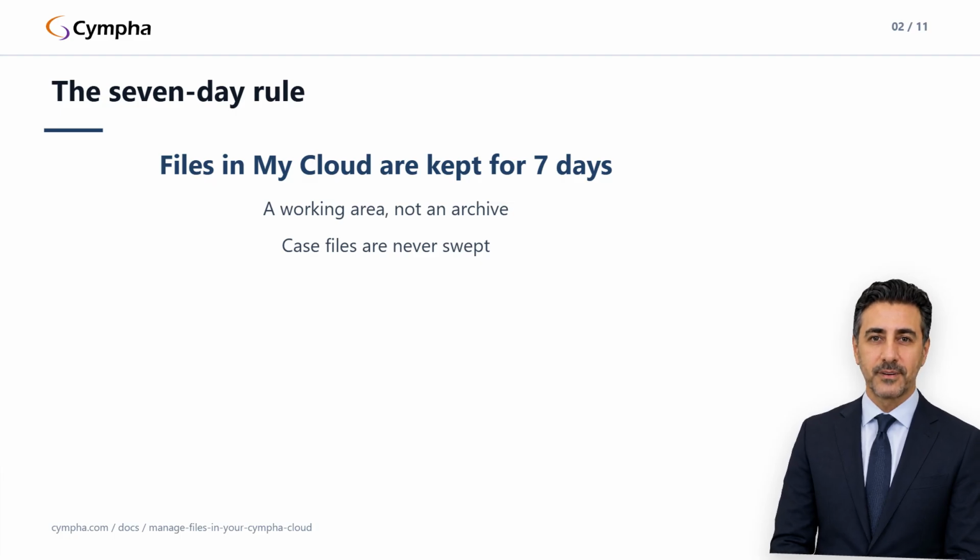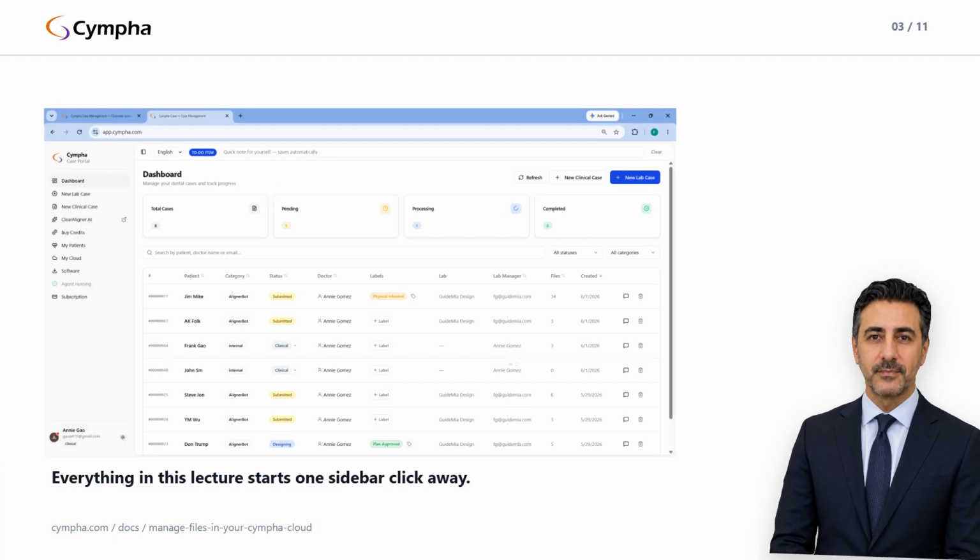The cloud page stacks 3 sections top to bottom. The first is My Cases, a read-only roll-up of your recent cases. Each case shows as a collapsible folder. Click it, and you see the files attached to that case. It's a convenience view. The canonical place to work on a case is still its case detail page. The second section is the My Cloud browser, your private file store, and it's where everything in this lecture happens: folders, uploads, renames, moves, deletes.